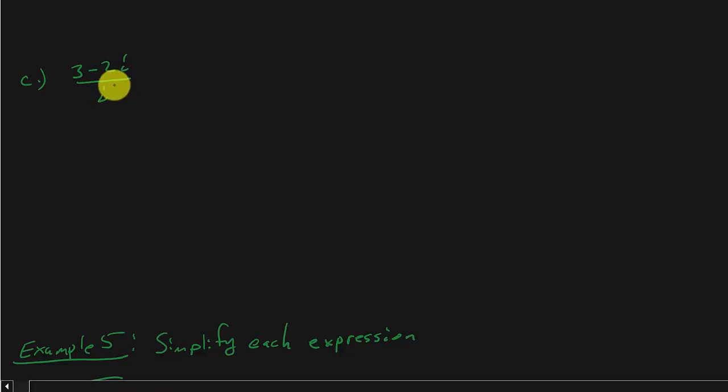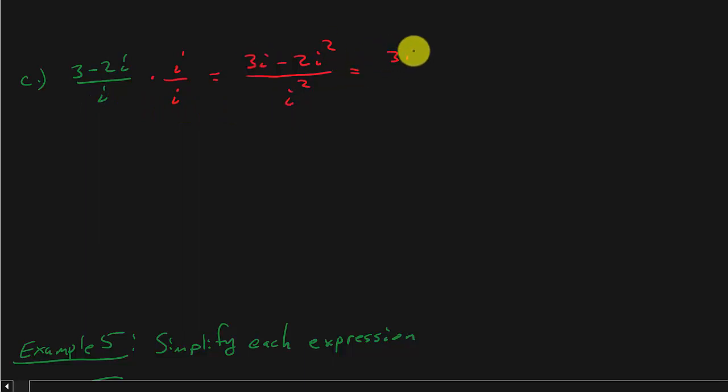So basically we just want to get the i out of the denominator, right? So if I multiply numerator and denominator by i, then that would give me 3i minus 2i squared over i squared, right? Distribute the i, and then i times i is i squared.